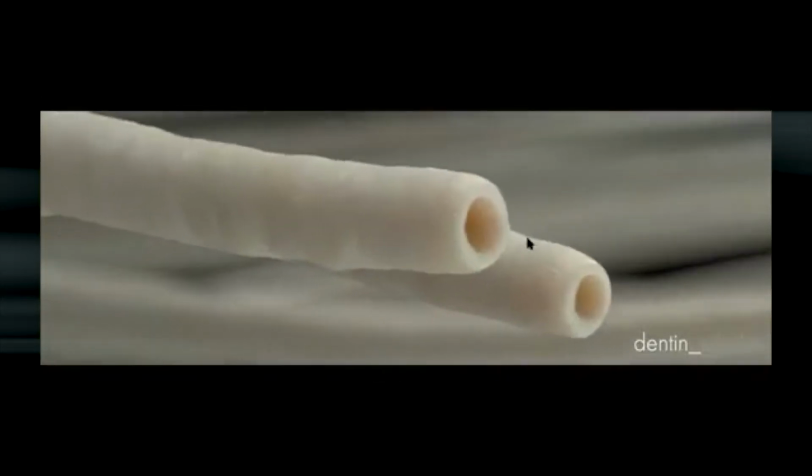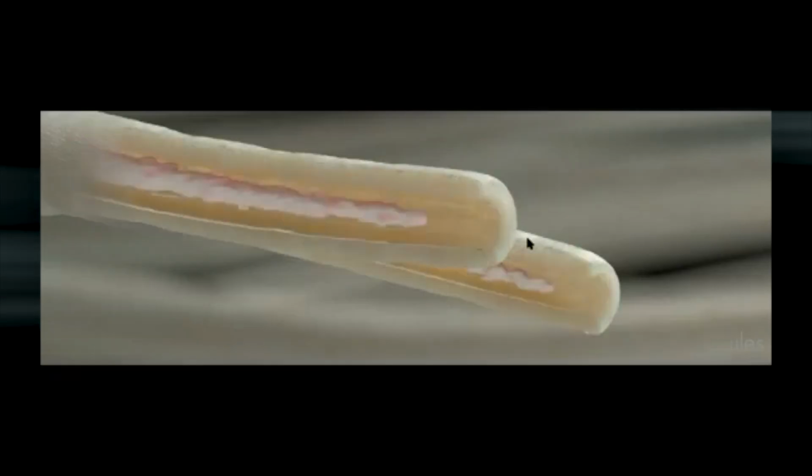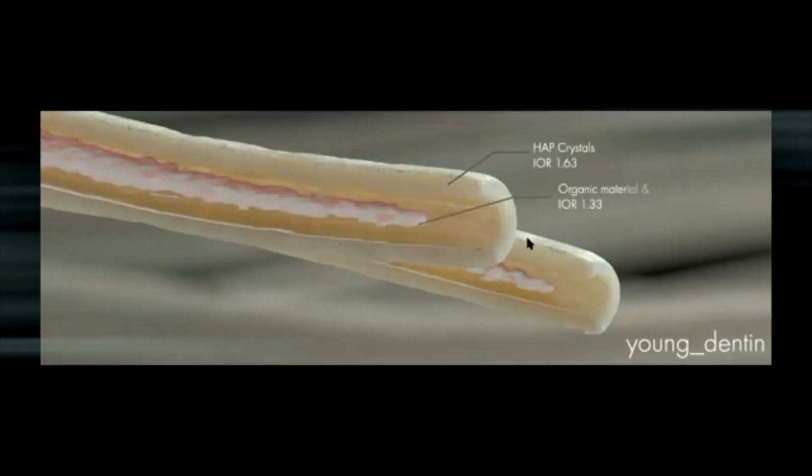You can think about them like little elongated cones filled with water, and it's actually all this water and the organic material inside that makes all the scattering of the light. We have the hydroxyapatite glass on the outside, and the organic material and water on the inside, and that's actually the contrast. That's what scatters all the light around.